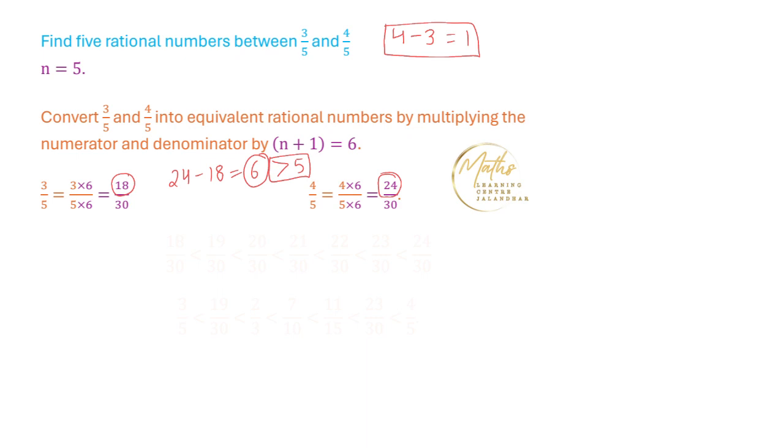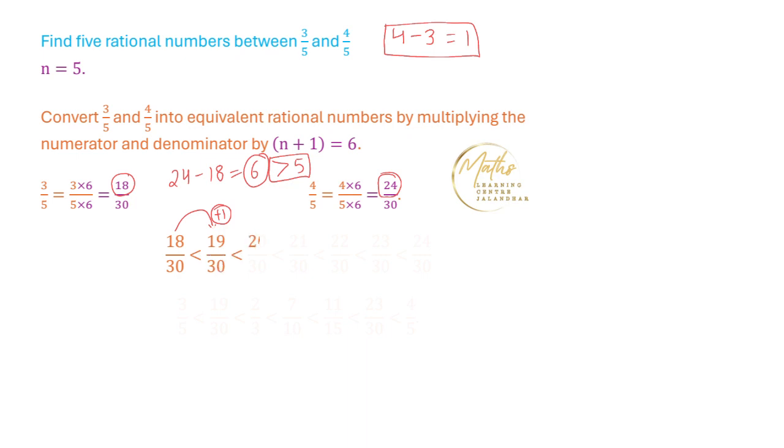So if this difference is greater than 5, then we can write the rational numbers like this. The first number is 18 by 30, which is already given to us. Now we add 1 to the numerator of this number, and the first new number we obtain is 19 by 30.